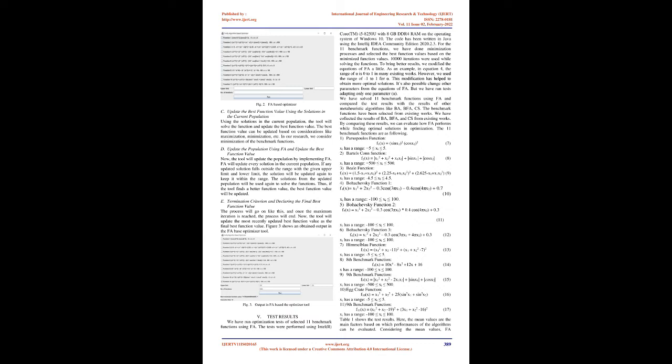A firefly's attractiveness is its brightness. Suppose the brightness, I, of a firefly i on another firefly j is according to the firefly's degree of brightness and the two fireflies' distance r 22. Equation 1 shows the scenario. I(r) equals I0 over r squared.